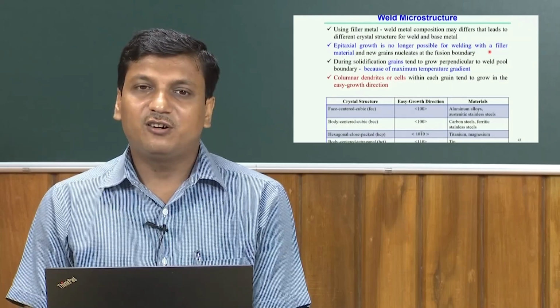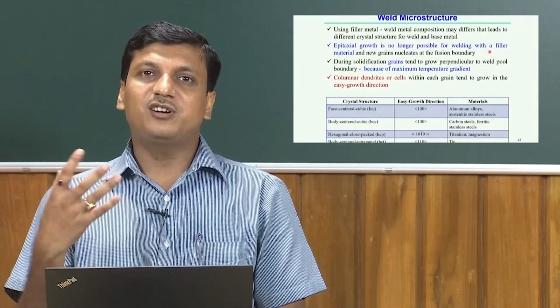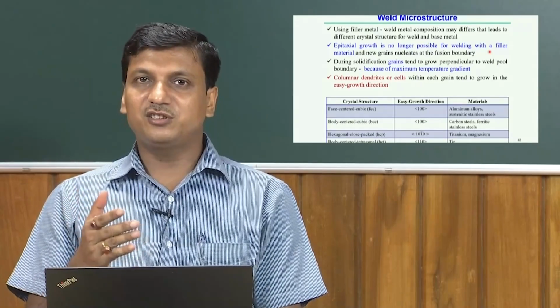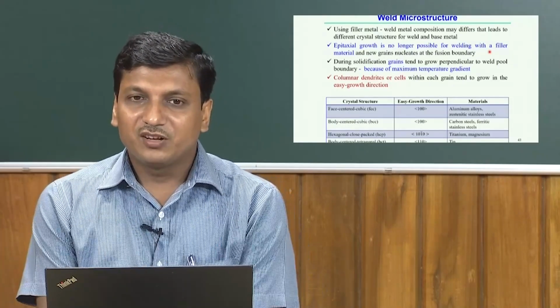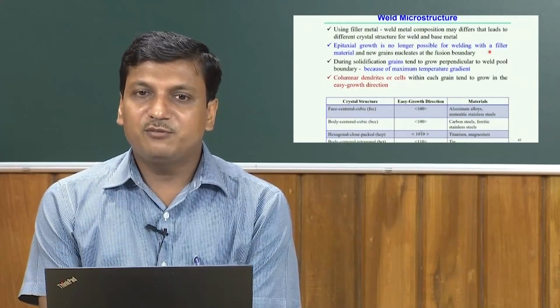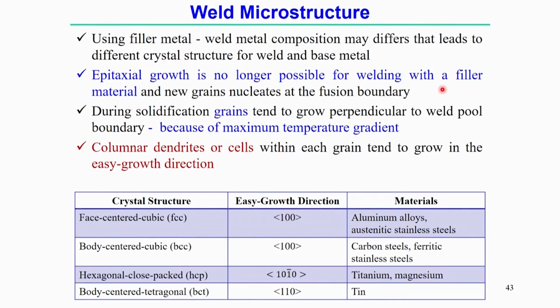BCC materials also have 100 as the easy growth direction. That is why, if you look into one unit cell, the 100 is along one of the edges. So, carbon steel, ferrite, and stainless steel, these types of BCC materials, have the easy growth direction along the edge of the unit cell, that means the 100 direction.